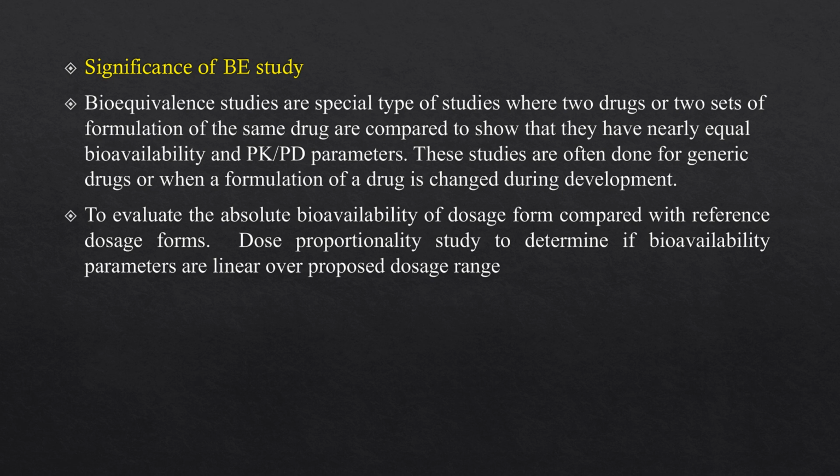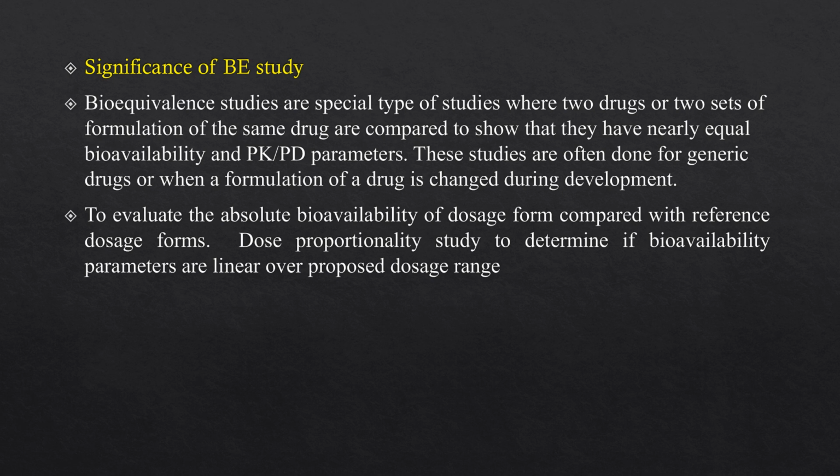Next, we are going to discuss the significance of BE. BE means bioequivalence study. So we can tell that it is a special type of study where two drugs or two formulations of the same drug are compared to show that they have nearly equivalent bioavailability and pharmacokinetic and pharmacodynamic parameters.